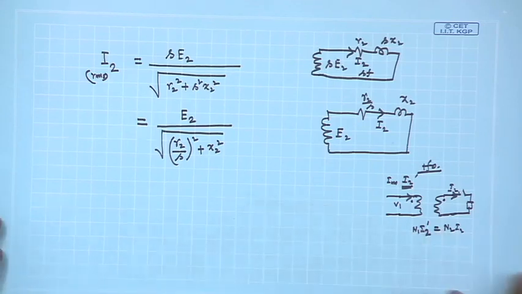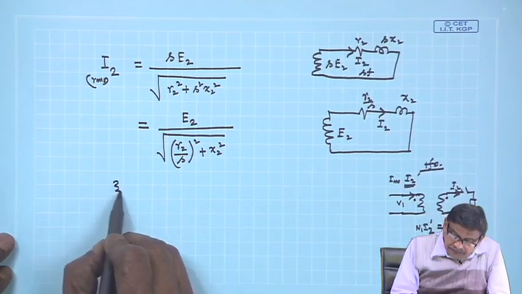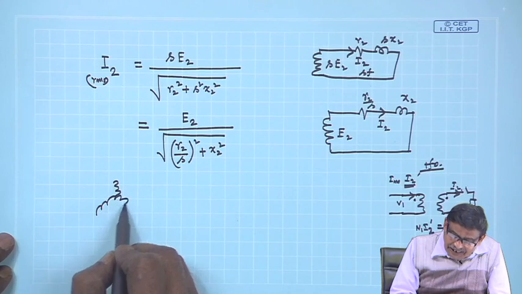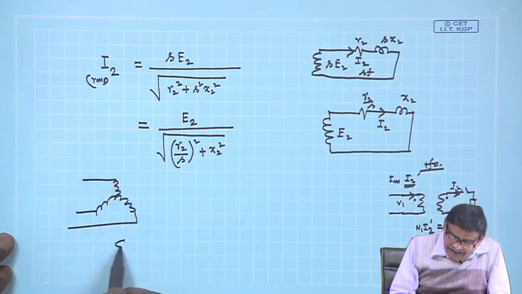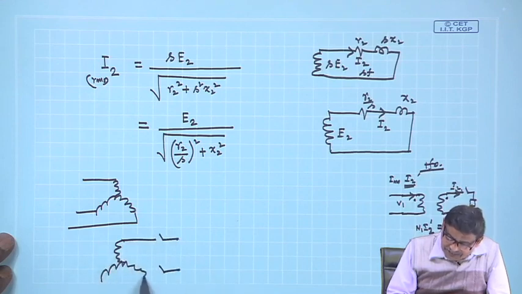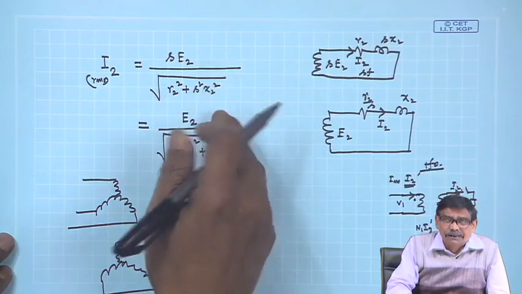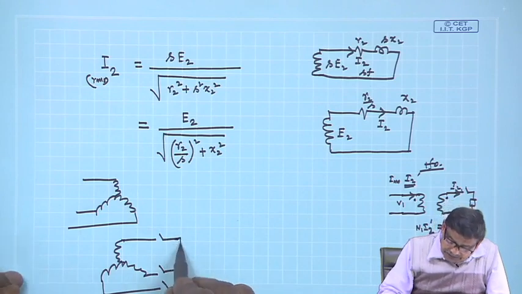Now, coming this way to the induction motor, see, induction motor, it is like this, and suppose this switch is open circuited initially. See, mathematics is very simple, but try to understand what I am telling.